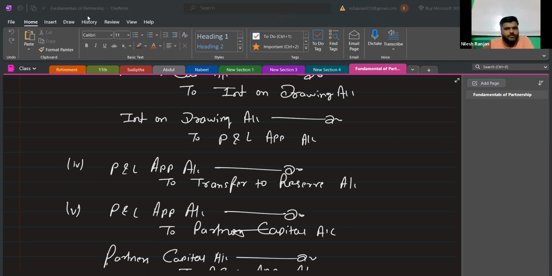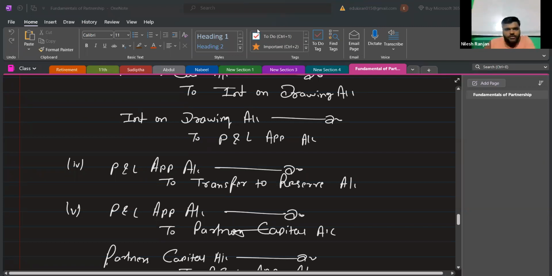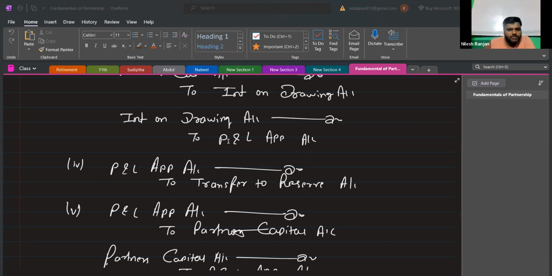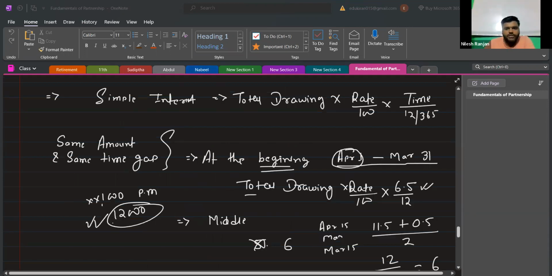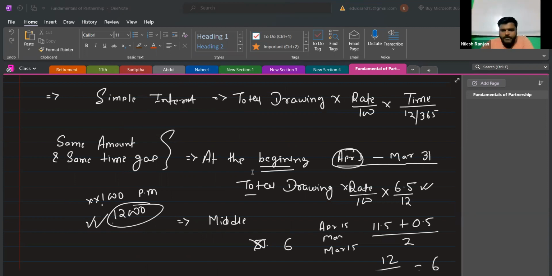Do you want me to rejoin? Yes, please try that. There is nothing showing in my laptop, and network strength is also good. Yeah, I'll try rejoining. Okay.